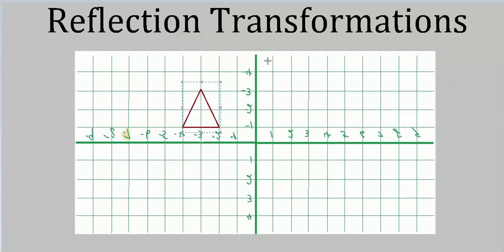We can do it to the coordinates instead of doing it to the original object. I can shift this object around and reflect it, or I can shift the coordinates around. I can reflect the coordinates, and later on we'll learn about rotating the object or rotating the coordinates.